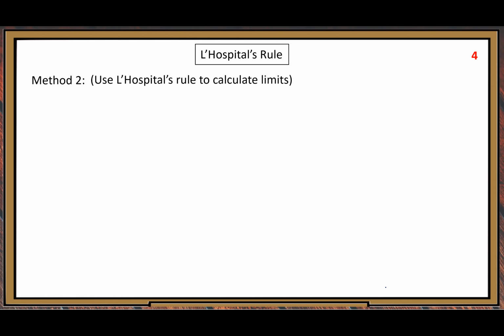But here, I don't mind doing it another time, this time using L'Hopital's rule to calculate the limit. I hope some of you still remember L'Hopital's rule. It is part of calculus 2, not calculus 1.